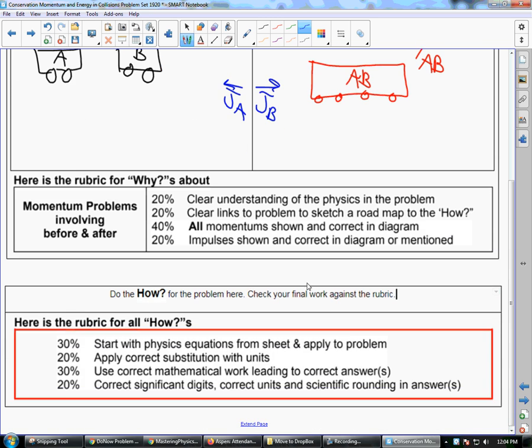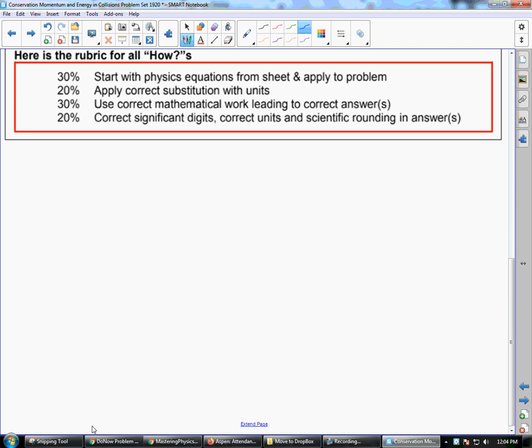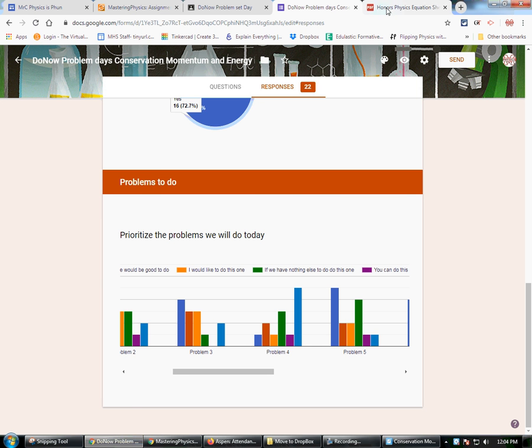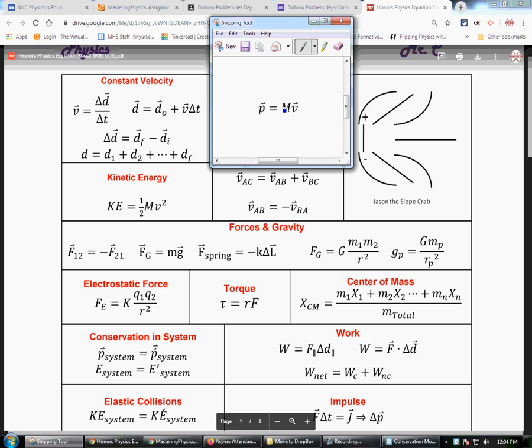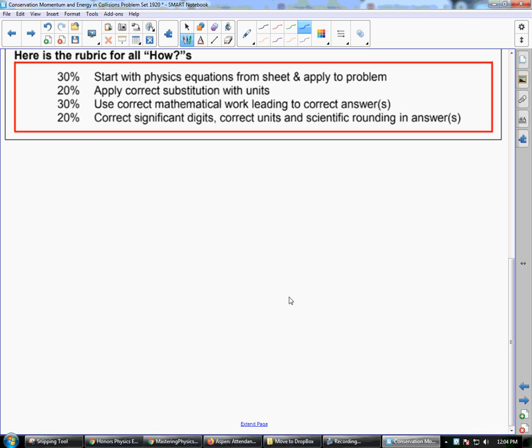So I'm going to need some equations. Grab my equation sheet. Definitely going to need this one, which is for momentum, right? So, let's put that one in there.